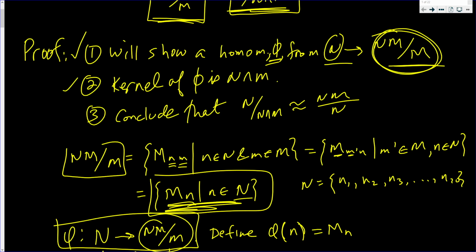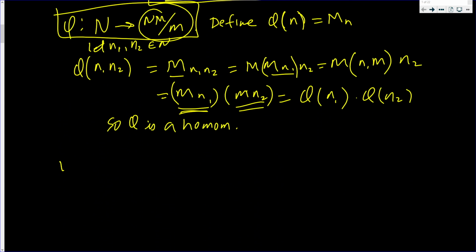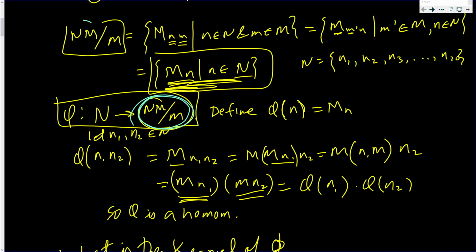Now we need to show that the kernel of phi is just N intersect M. So, what is the kernel of the mapping phi? Well, phi goes into here, and what's in here is nothing more than M times little n.